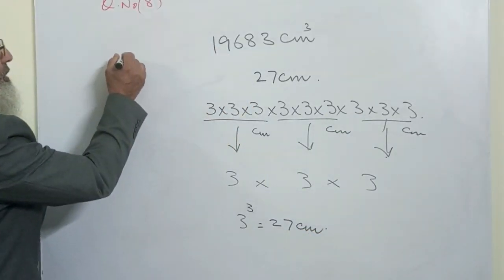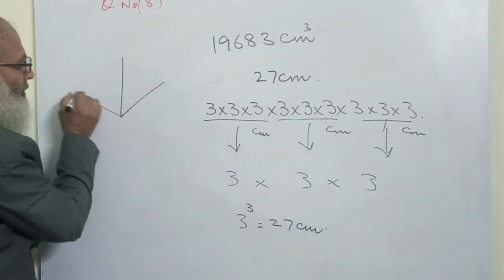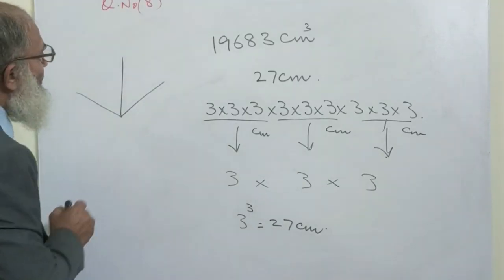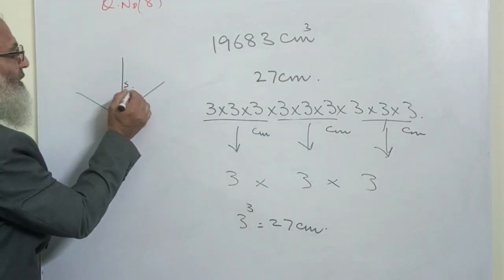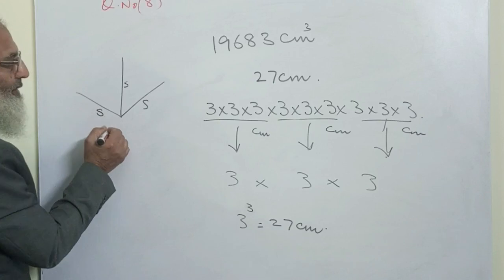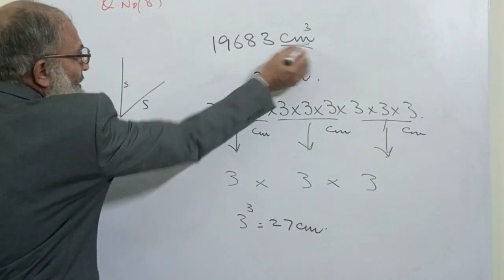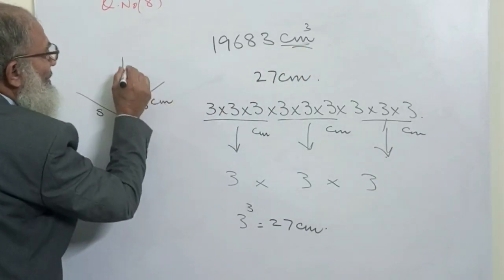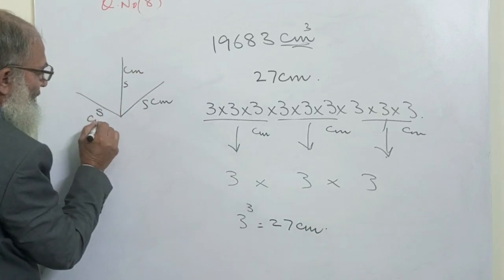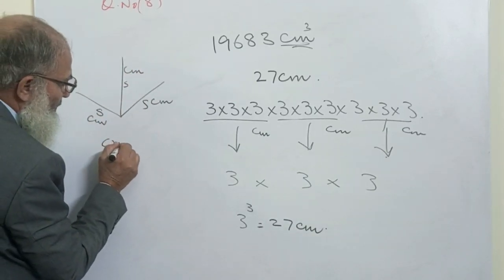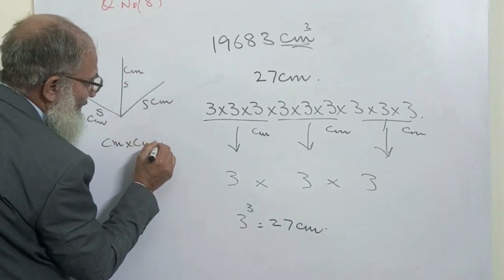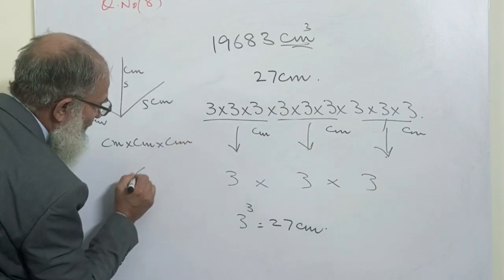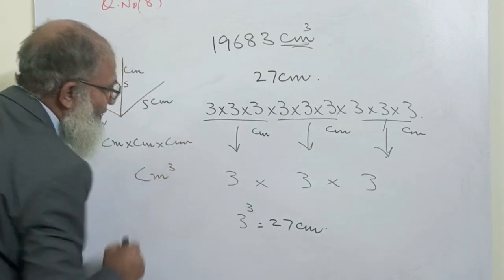Because what I told you was that there are three dimensions. This is a side, and this is a side. When this is written, this means this, and this. And if you multiply centimeters by centimeters, this also becomes cube.